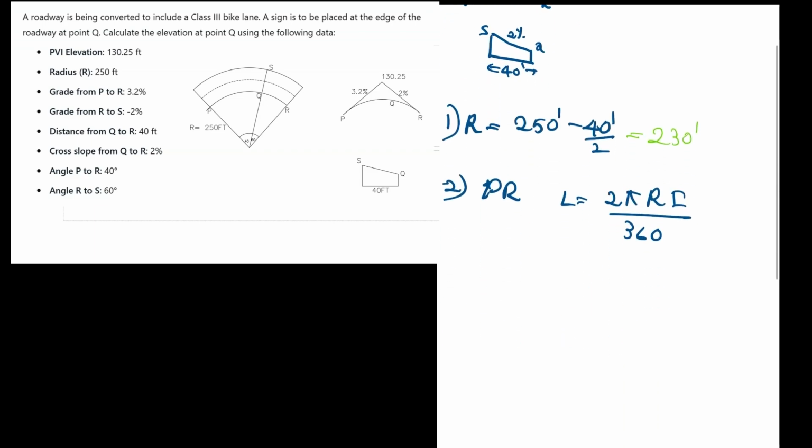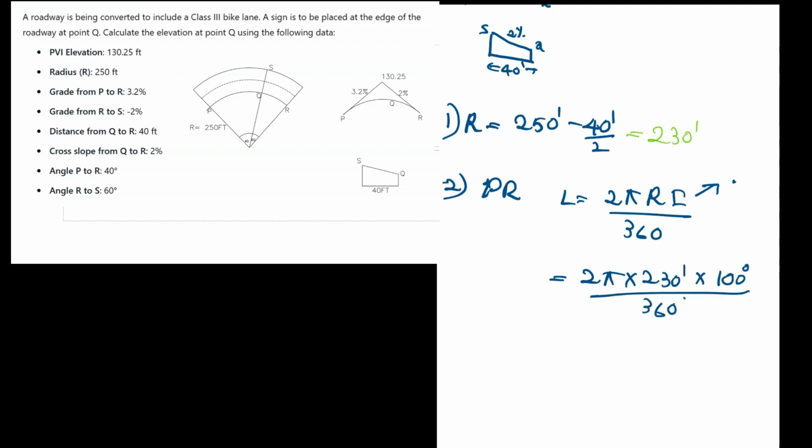So the total I means the angle, and this is 40 plus 60. 2 pi r is 230 feet. I is 100 degrees, over 360 degrees. This gives us 401 feet.